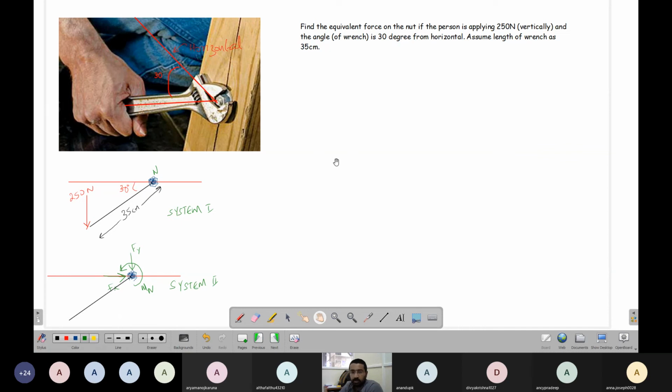So this is the system you have to consider, system one. Again, same way, nothing complicated here. You can easily calculate this.